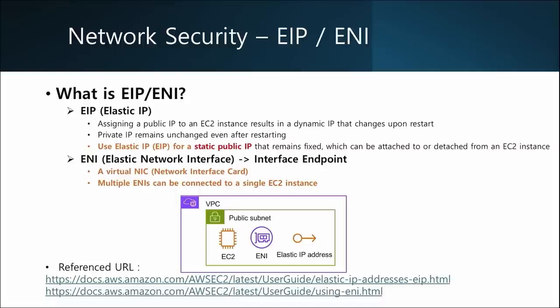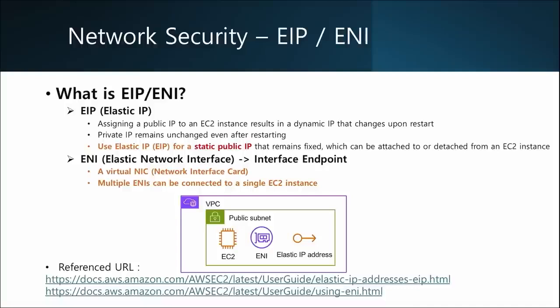Private IPs, on the other hand, do not change even if the instance is restarted. We use EIP when you need a fixed public IP. An EIP provides a fixed public IP address to an EC2 instance, which can be detached from the instance and attached to another instance. Next is ENI.